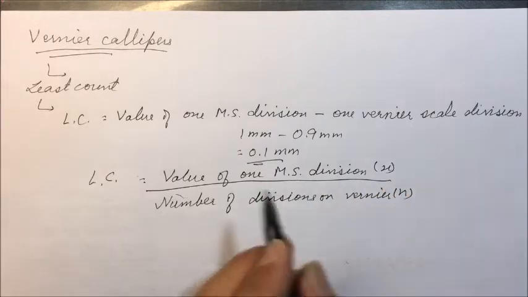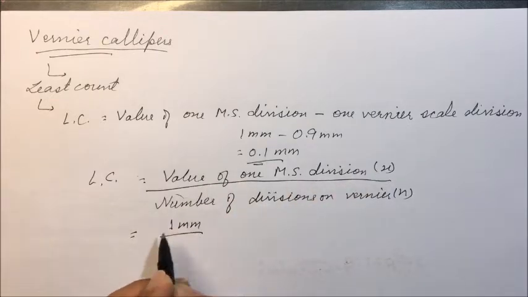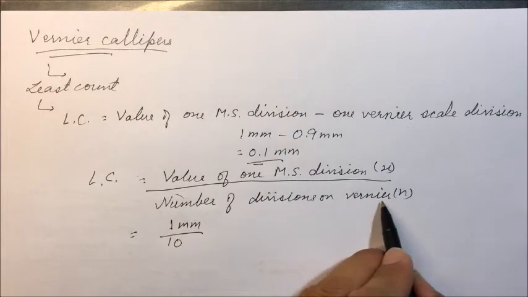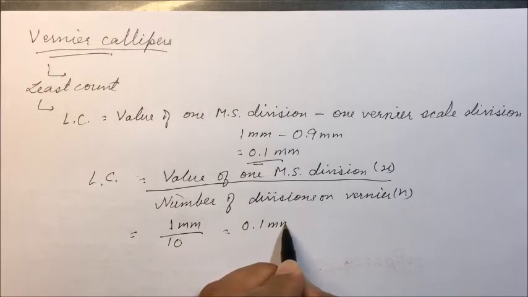In our case, the value of one main scale division is 1 mm, and we divided it into 10 equal parts. That is, the number of divisions on vernier is 10. So it comes out to be 0.1 mm.